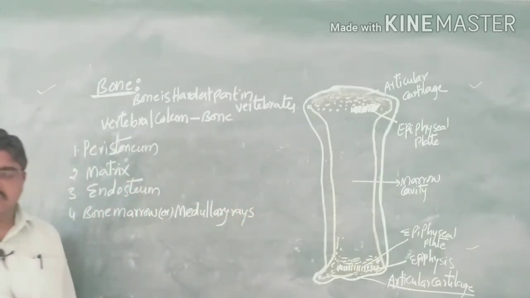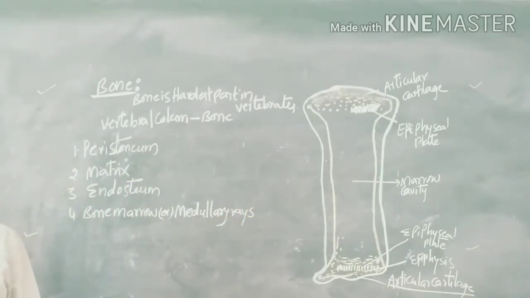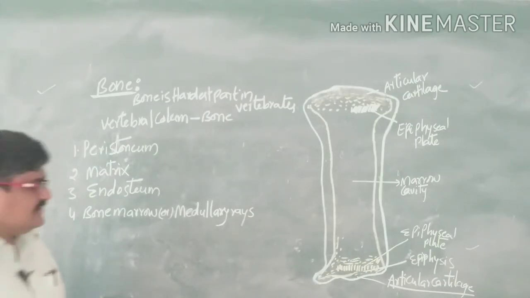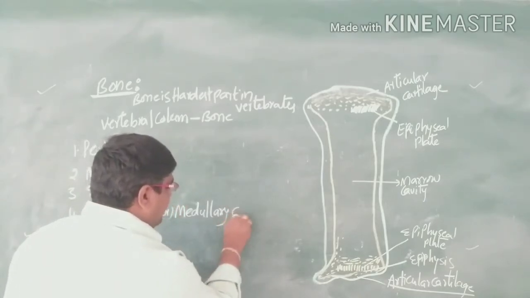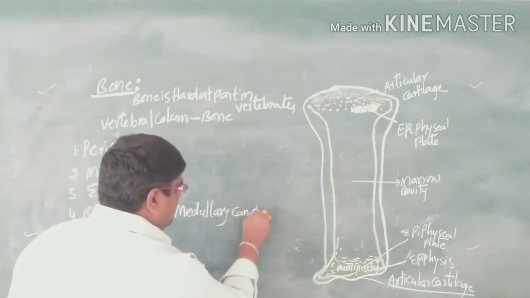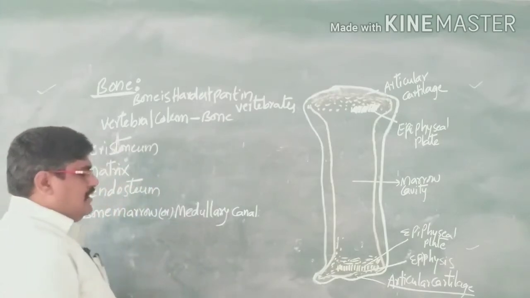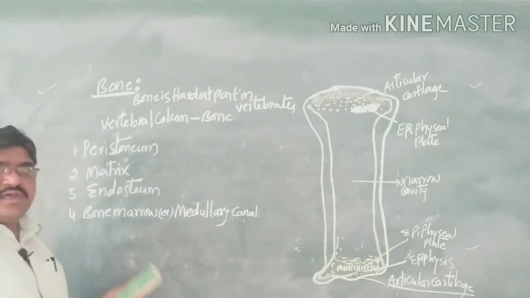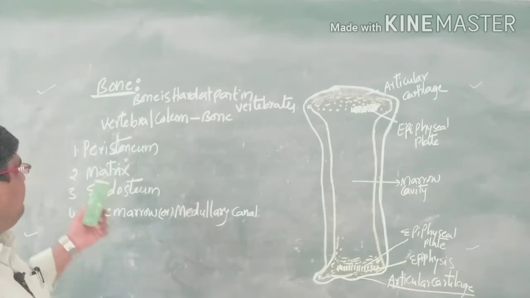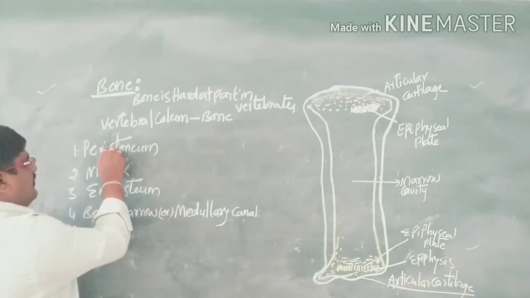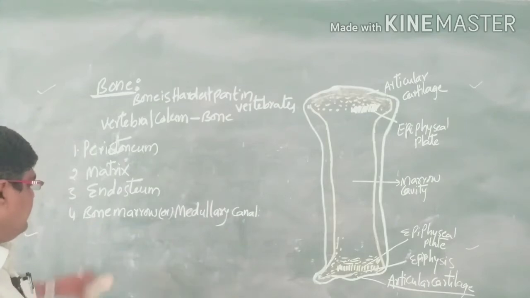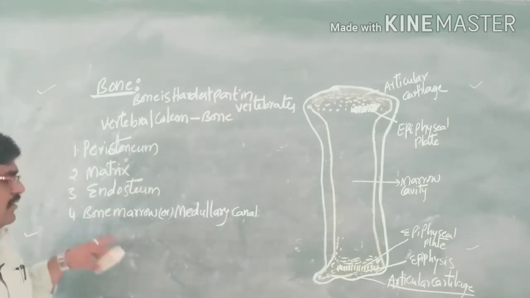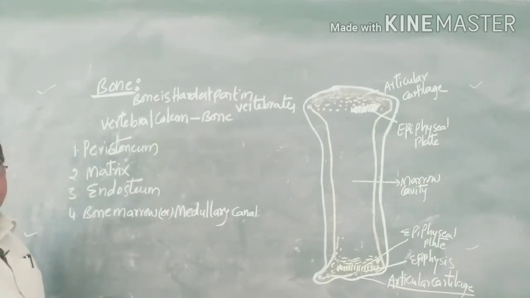So these are the various parts present in bone. So we have the periosteum, the matrix, the endosteum, and the bone marrow or the medullary canal.